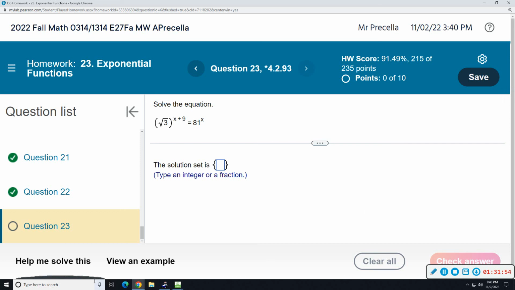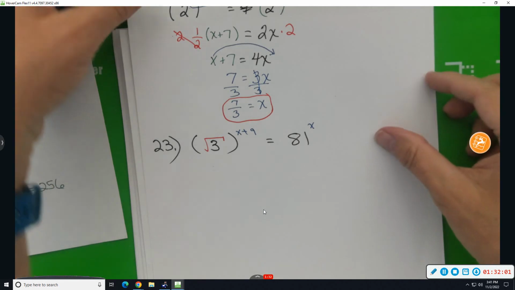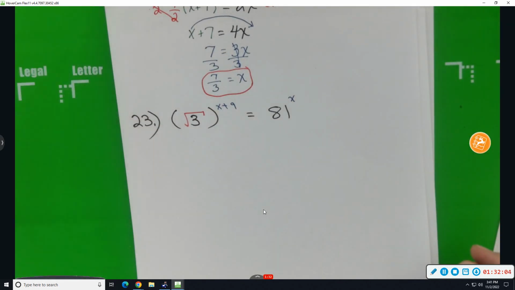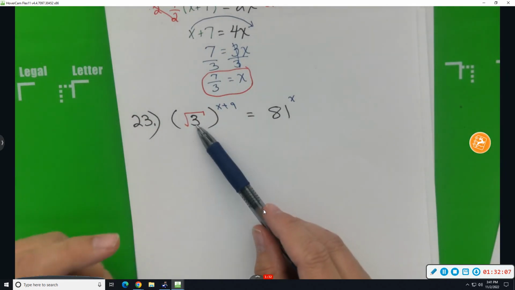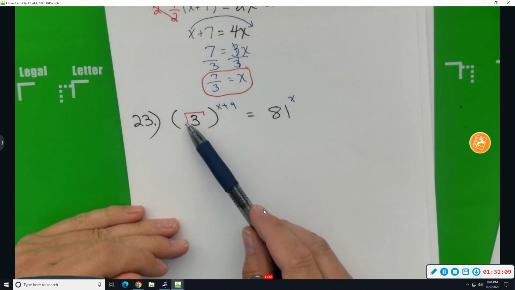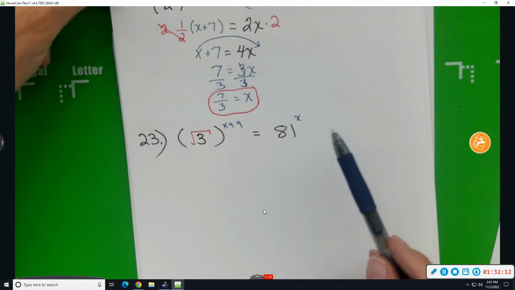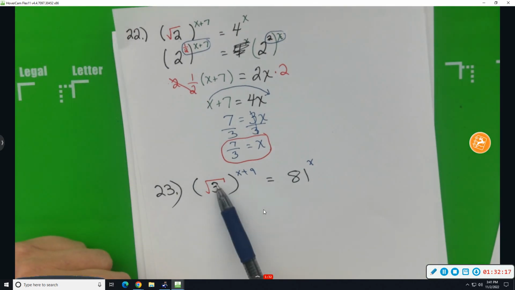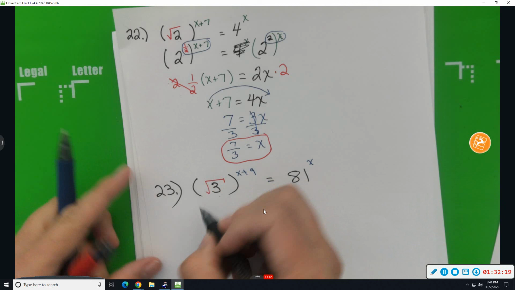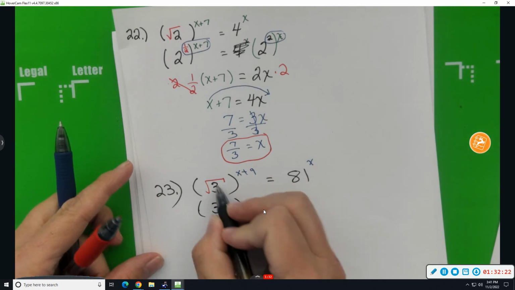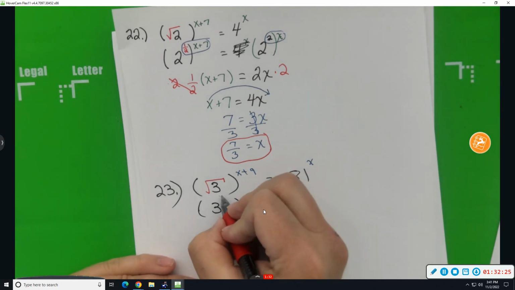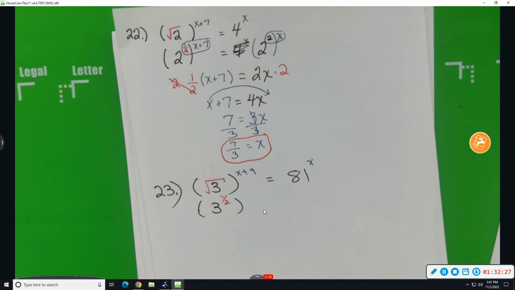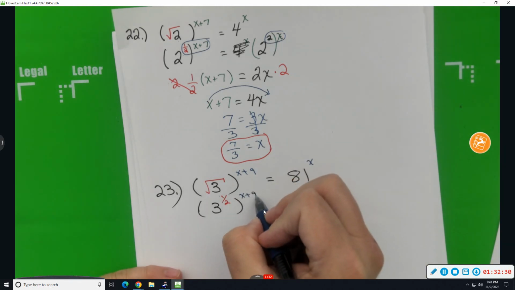Let me make sure I don't miscopy the problem. 3 is a prime number. You're not going to change 3, but you know how to write the square root of 3 as an exponent. Writing the square root of 3 as an exponent requires using an exponent of 1/2. The square root of 3 is the same thing as 3 to the 1/2. So I have that x plus 9 on the outside.